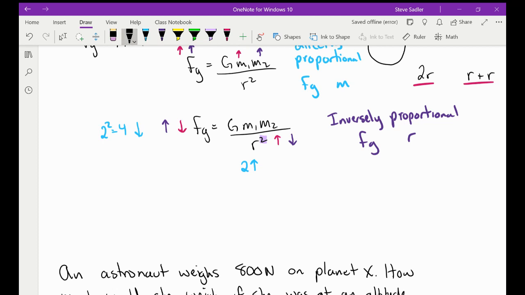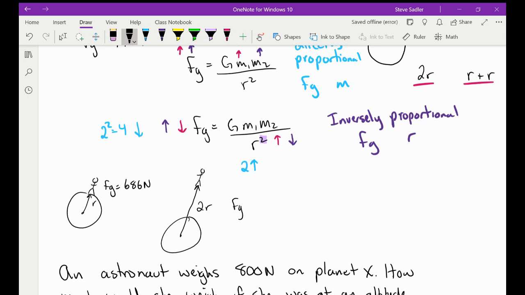So if we look at that astronaut on the surface of the Earth, his force of gravity was 686 newtons. And then once we doubled the radius, this is 2r now, this was r, his force of gravity was 171, and we calculated both of those.